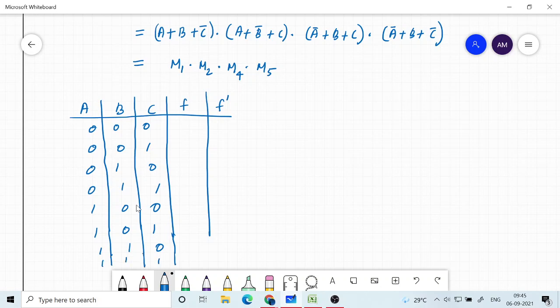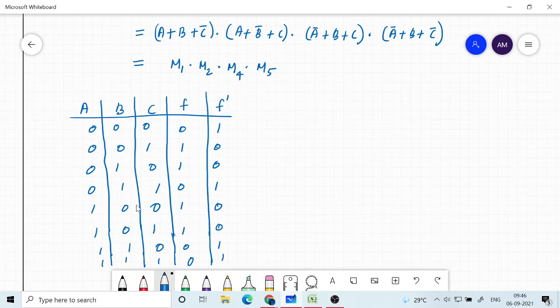Okay, so what are the min terms that are present? There was a 1 here, and then there was a 1 here, and this was a 1, and this was a 1. All other 4 cases it is 0. So when I take complement, what I mean is basically wherever it was 0, it will come 1. Wherever it was 1, it becomes 0. That is F complement.